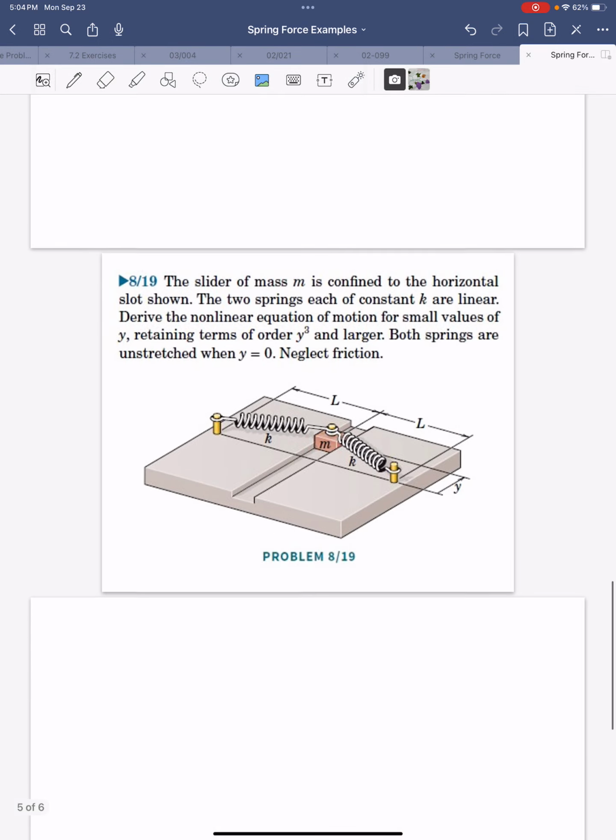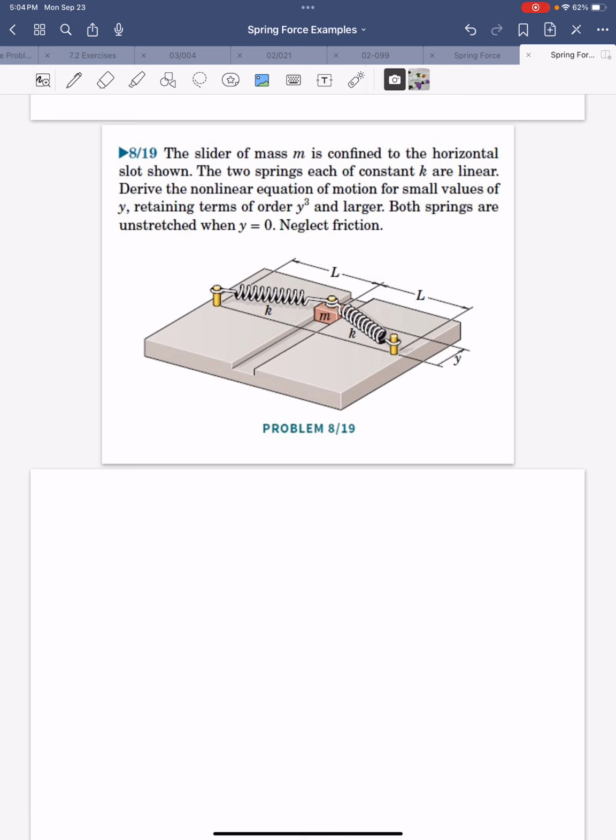Okay, so the slider of mass M, by the way, I do not want to solve this problem. I only want to prescribe the spring force. But just to read it, the slider of mass M is confined to the horizontal slot as shown.